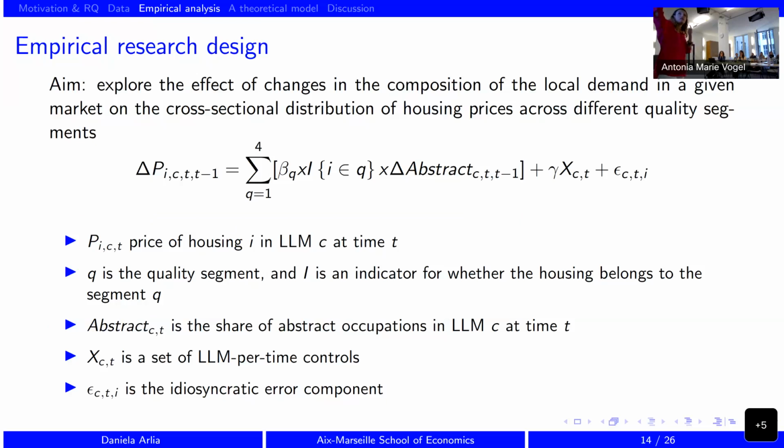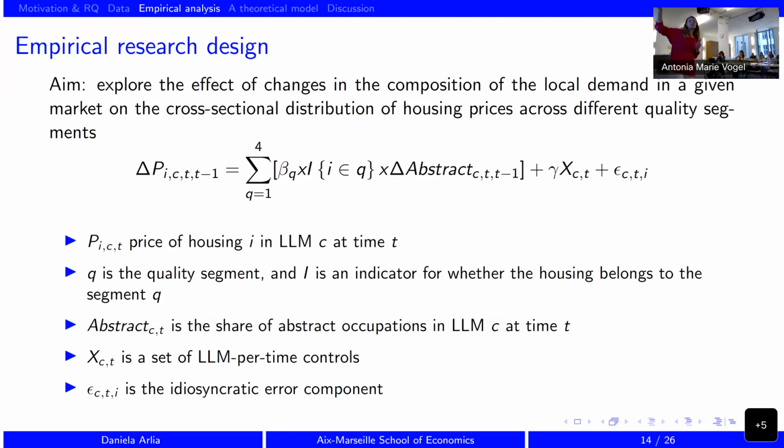This coefficient is interacted with the variation of the share of abstract jobs in each spatial unit over time, and an indicator that takes value 1, 2, 3, or 4, depending on whether the housing belongs to the first, second, third, or fourth quartile within each spatial unit.